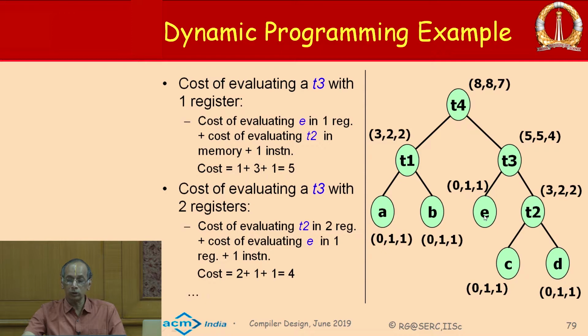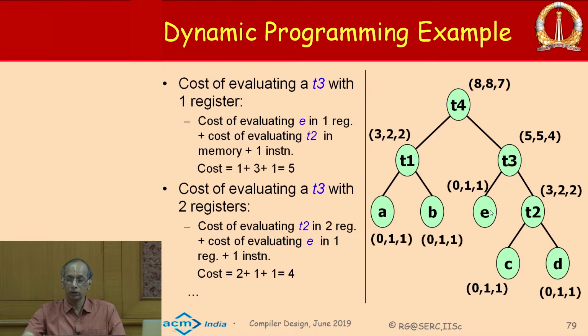I could have given 2 registers for this and 0 registers for that, that will add up to 1 plus 3 plus 1, which is 5, which is higher than 4. So, there is no point looking at it. Any other possibility? I could have given 2 registers for this and 1 register for that. Remember, when I put 2 and 1, this still has 2.